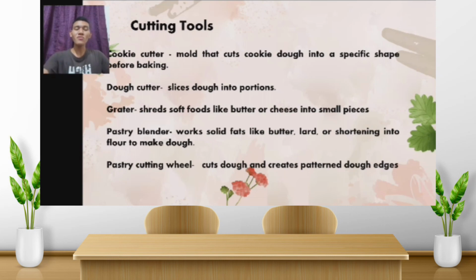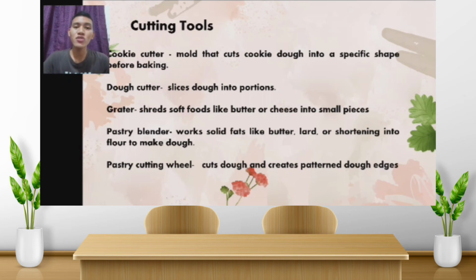Okay, so we have here the cookie cutter. From the word cookie, it molds or cuts cookie dough into a specific shape before baking. We have also the dough cutter. From the word dough, it slices dough into portions. And also we have the grater.